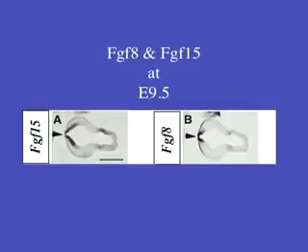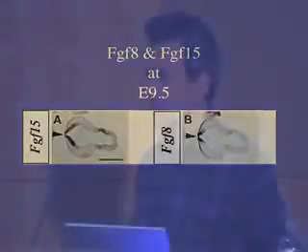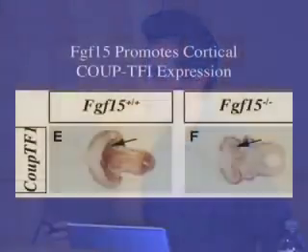So many more cells are exposed to FGF15 expression than FGF8 expression. Now, if you remember, FGF8 mutants had an increased amount of COUP. FGF8 is a potent repressor of COUP. And we were expecting the same result with the FGF15 mutants, but we found the exact opposite.